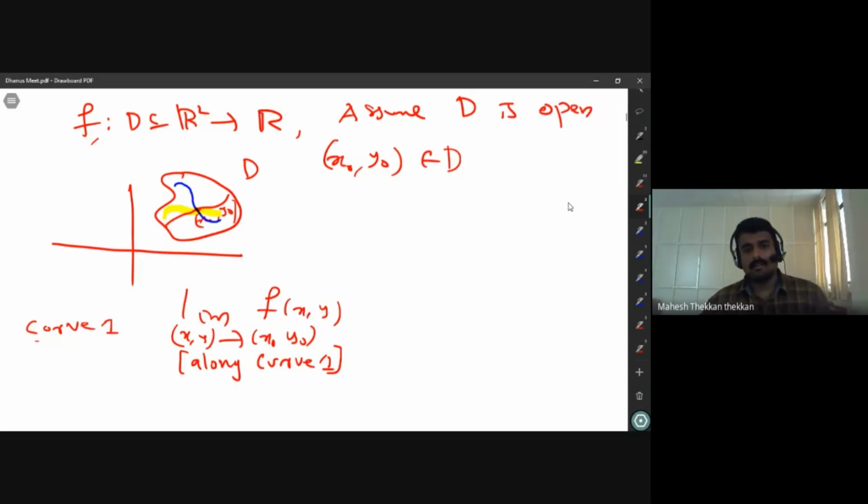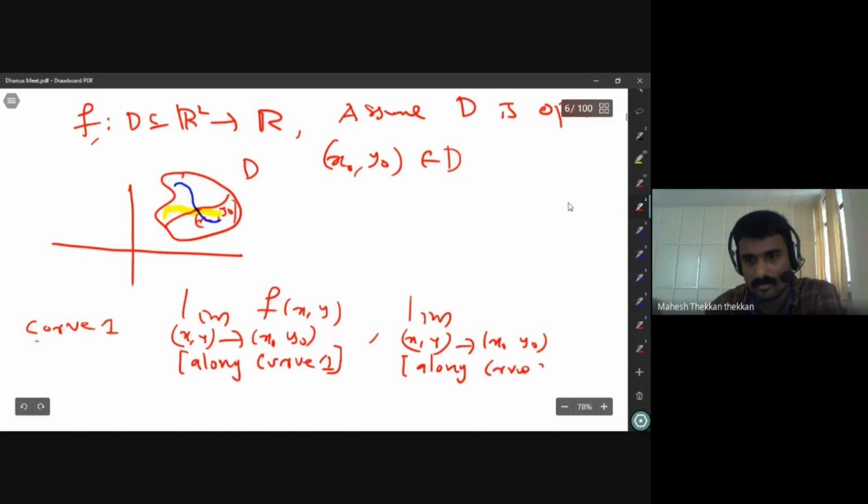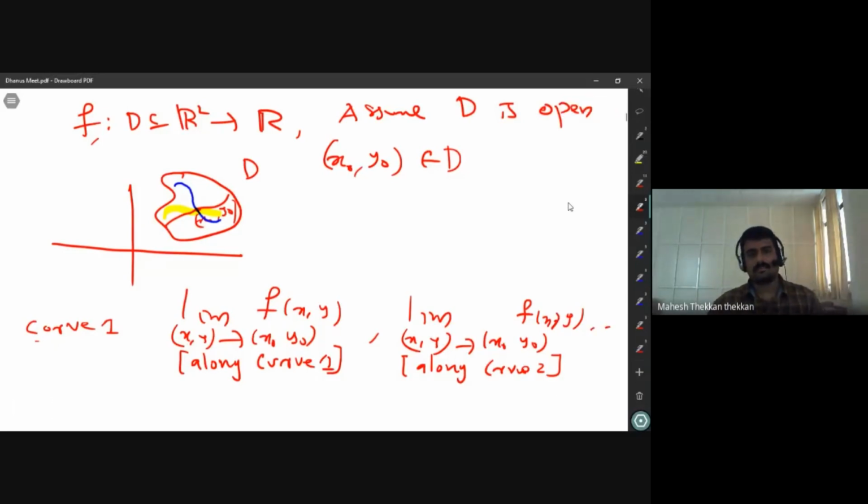Then again I will look at the other value, the limit as (x, y) tends to (x naught, y naught) along curve 2 of f of (x, y). And so on. I will look at all the possible curves passing through (x naught, y naught), and I will look at the limit at (x naught, y naught) along that curve.